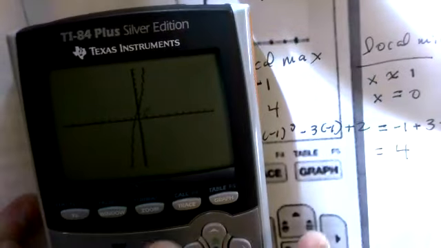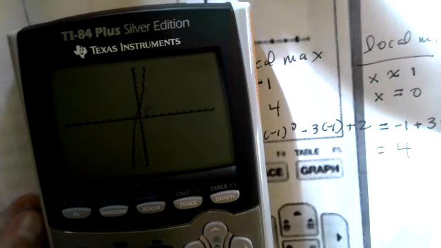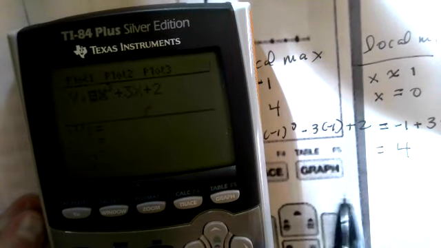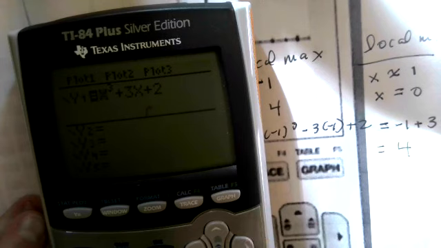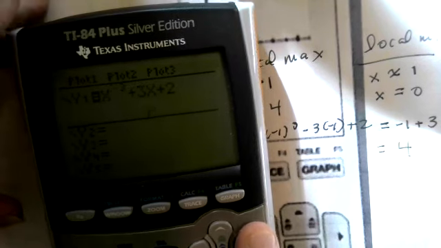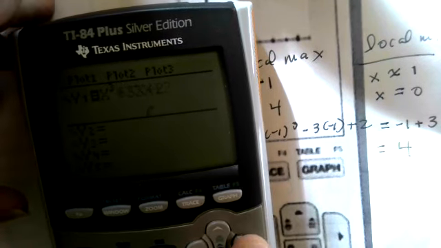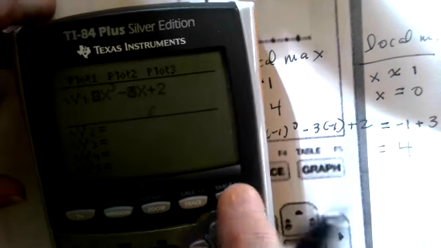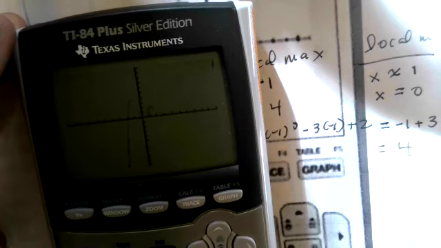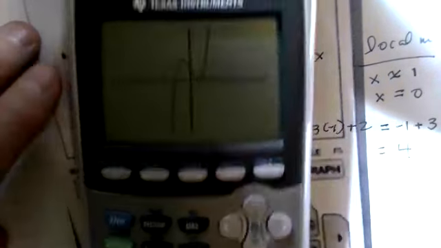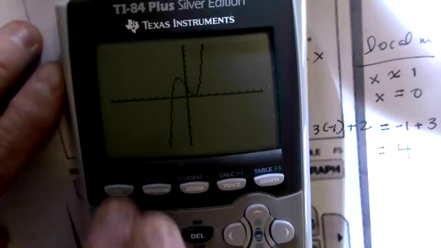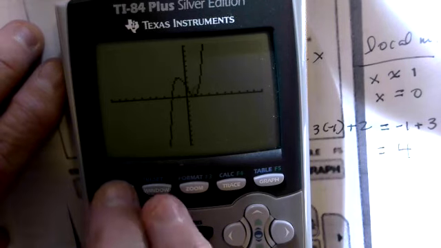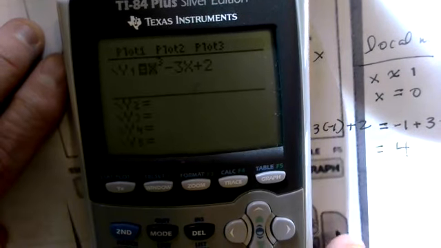I got that in there right. No, for some reason, I've got a plus sign there, and it should be a minus sign there. And then let's graph. Yeah, there we go. So you go over to the y equal to enter.